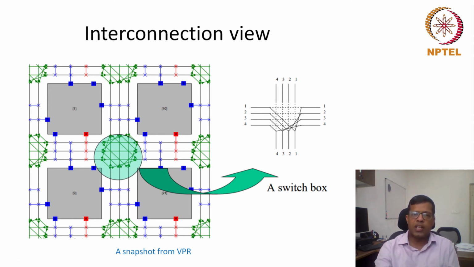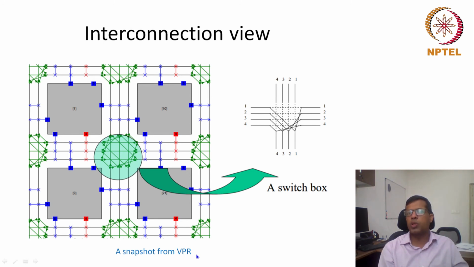It's not that the voltage can only travel from this point to this point; the reverse is also true. If this is connected, this can also give signal to this, so the connection could be both ways. This diagram has been taken from a tool called VPR, Versatile Place and Route.